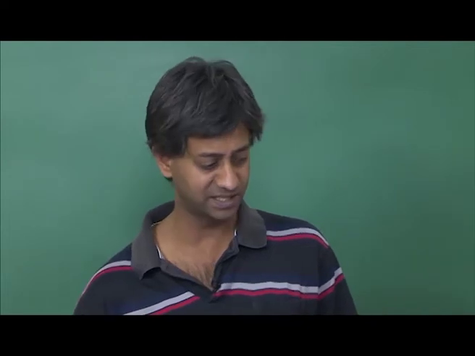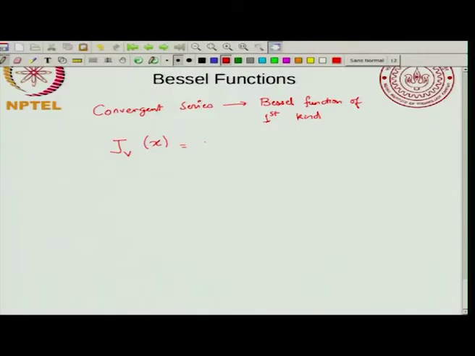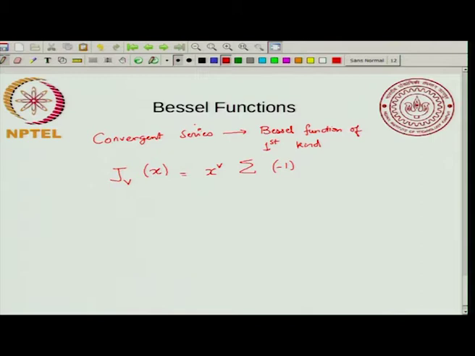So, the Bessel function is actually an infinite series. What is the infinite series? J_v(x) is basically x raised to v times the sum. x raised to v was the prefactor, since you had x raised to n plus v, so I just took x raised to v outside.